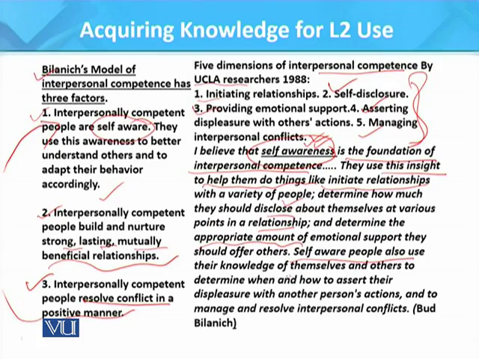Self-aware people also use their knowledge of themselves and others to determine when and how to assert their displeasure with another person's action, as well as to manage and resolve interpersonal conflict.